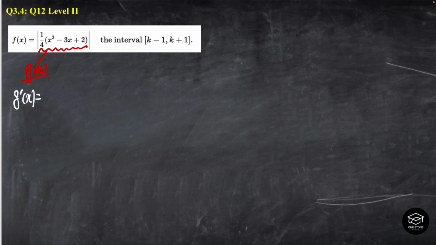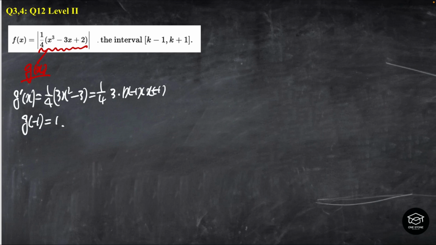G prime of x is 1/4 times the quantity 3x squared minus 3. Factoring, this gives us 3/4 times the quantity x squared minus 1, which equals 0 when x is -1 or +1. We evaluate g of x at these points.